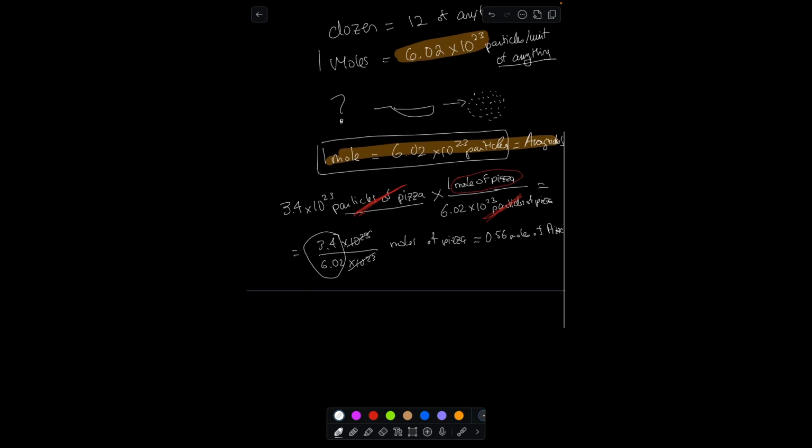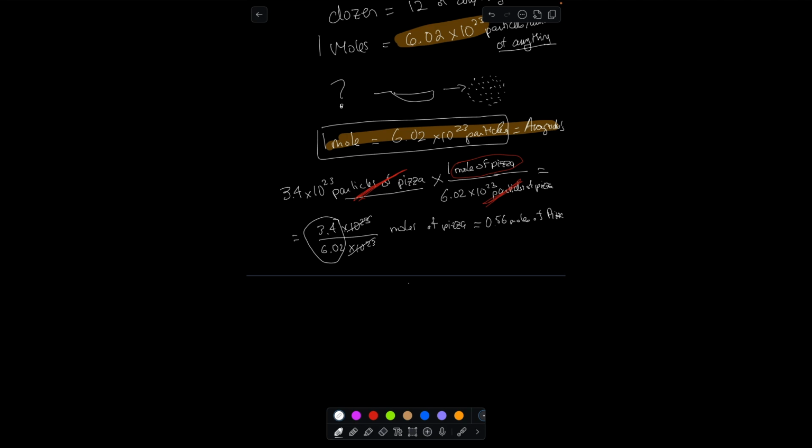Do you see how keeping this unit, so I have 1 mole of anything equals Avogadro's number, do you see how it becomes the conversion factor that helps you with every problem? In fact, the best way to rewrite this, I say, is to put it as a conversion factor this way.